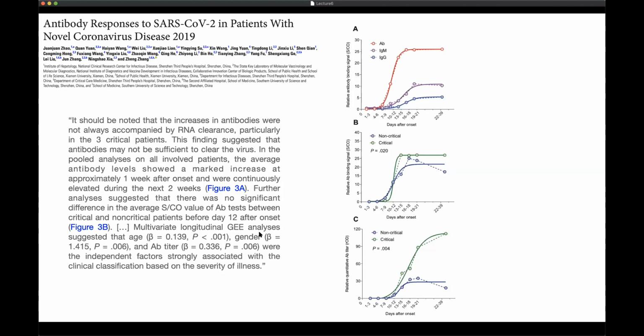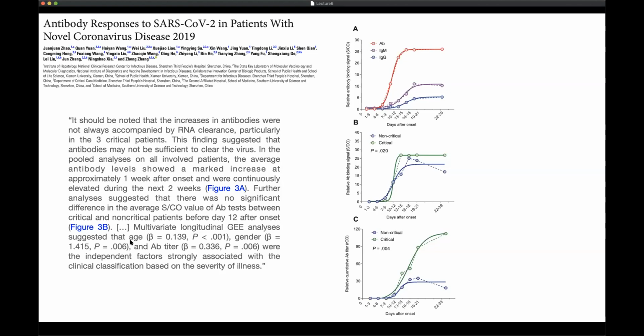That you can basically throw a bunch of things in and see, do they influence severity of illness? So what you're trying to say is, what is it that is shared by individuals that develop a severe disease and is different from those that have mild disease?